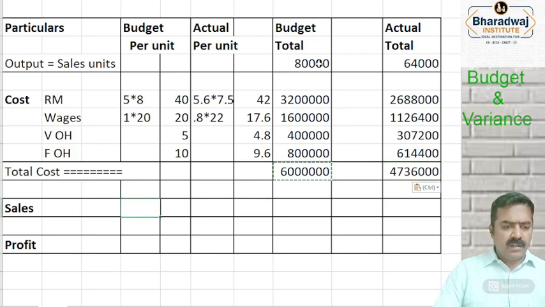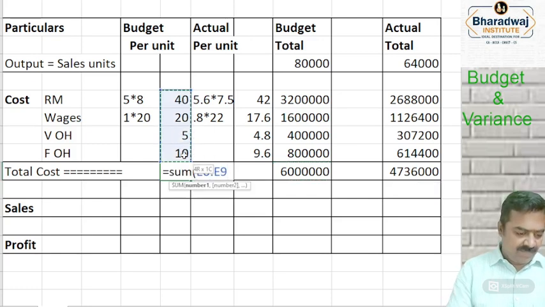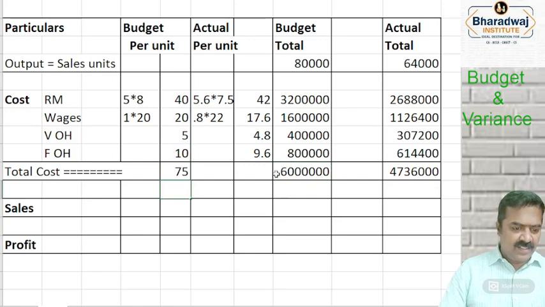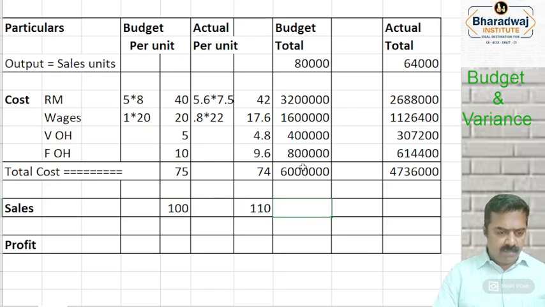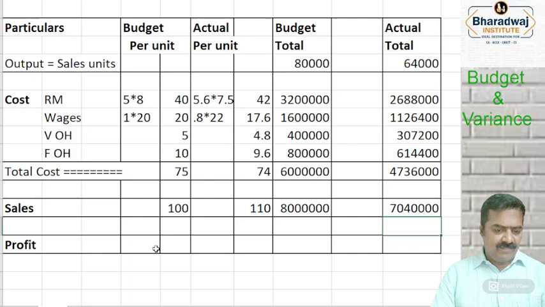Sales is 80,000 units into the selling price of 100, and the actual is 110. The total cost is 75.